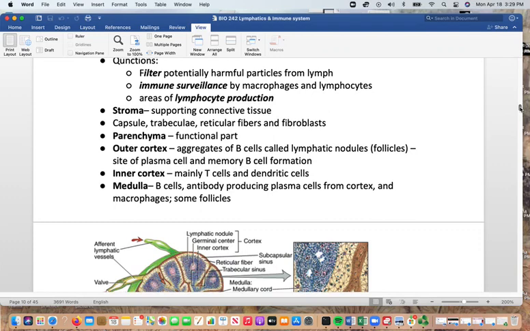You've got the outer cortex that's going to have aggregates of B cells and lymphatic nodules in there, sometimes referred to as the follicles. This is going to be where you're going to have plasma cells and memory B cells form. Then in the inner cortex, it's mainly T cells and dendritic cells. And then in the medulla, you have the B cells, and then you'll have antibody-producing plasma cells from the cortex and macrophages and some follicles.